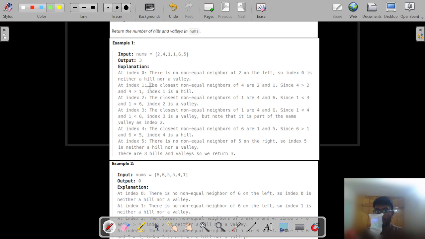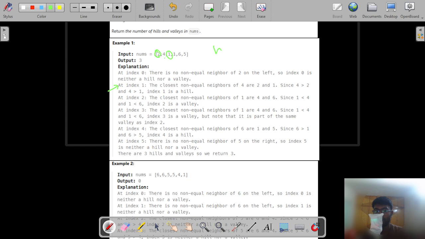Let us go over example one: 2 4 1 1 6 5. Index 0 doesn't constitute a hill because there is no sufficient neighbor, since this is the starting index. We can start off with 4, which is a hill, as the closest neighbor 2 is less than 4 and 1 is less than 4.